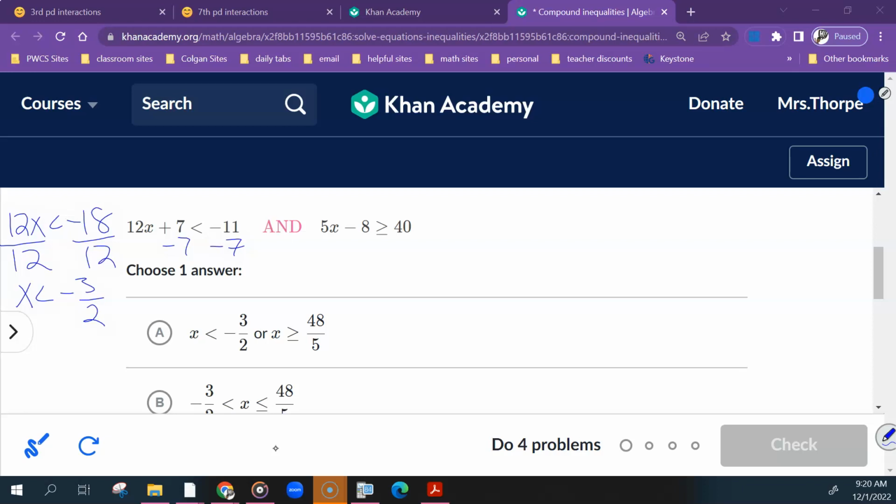And then solve the other one. So add 8 to both sides. Negative 11 minus 7. And then divide both sides by 5.